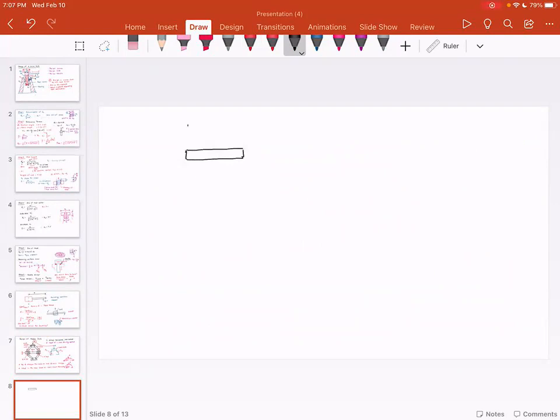The load W will be shared by these two guys, W by 2 and W by 2. Then you're gonna have the force in link 1, and let's assume this angle is theta, this is 90 degrees, this is 90 minus theta.